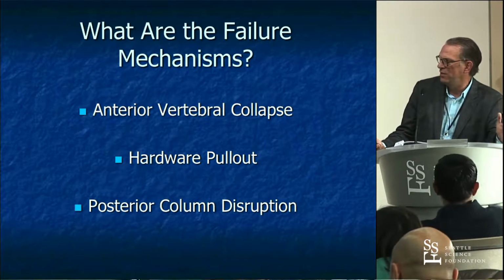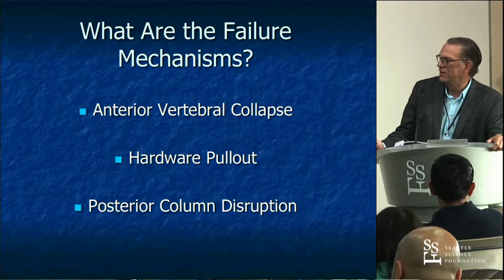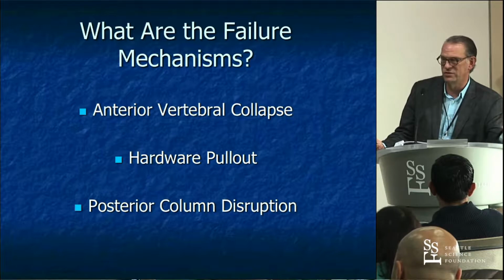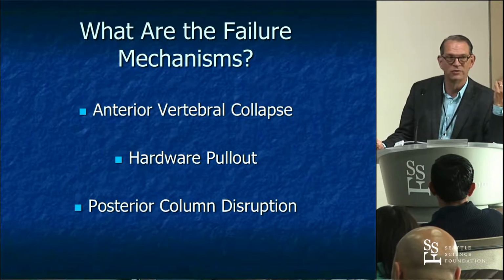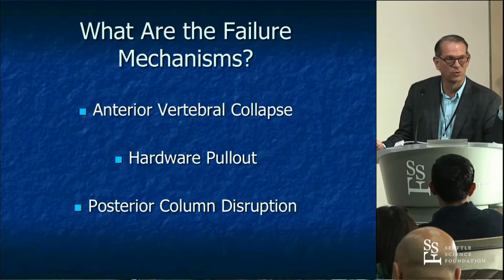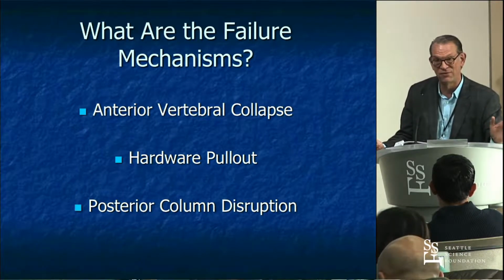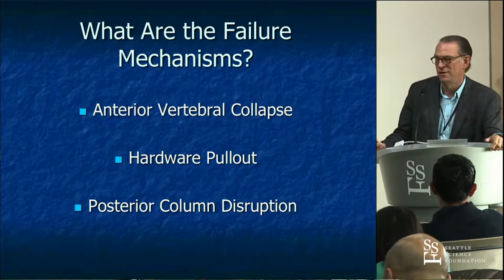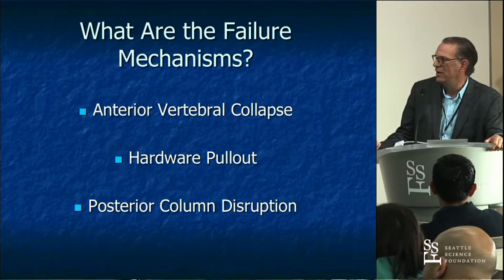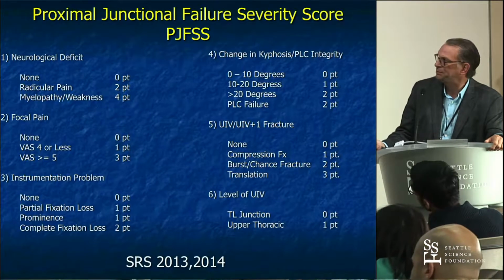And then the posterior column disruption is a third failure mechanism, and that can go along with hardware pullout. I think if you see screws pull out, you know you've got failure of the posterior column, as was talked about earlier. That is a harder piece to identify and define still in this pathology as for isolated trauma.